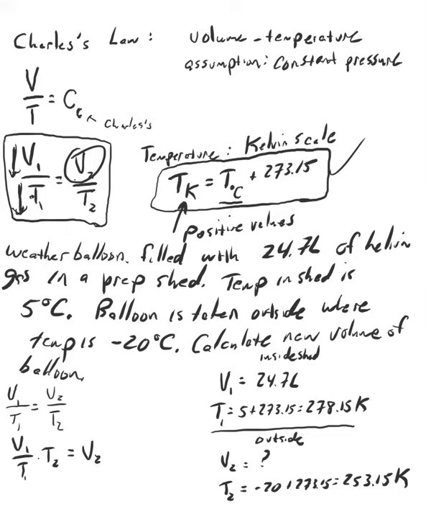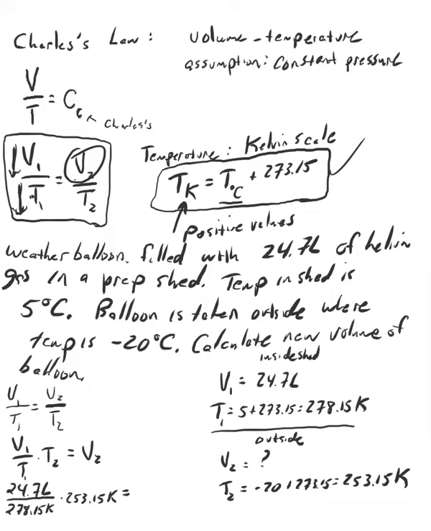If you multiply the right side by T2, you'd have T2 over T2, which is 1, and that would just cancel. So V1, 24.7 liters, over T1, which is 278.15 Kelvin, times T2, which is 253.15 Kelvin. That's going to be your V2.